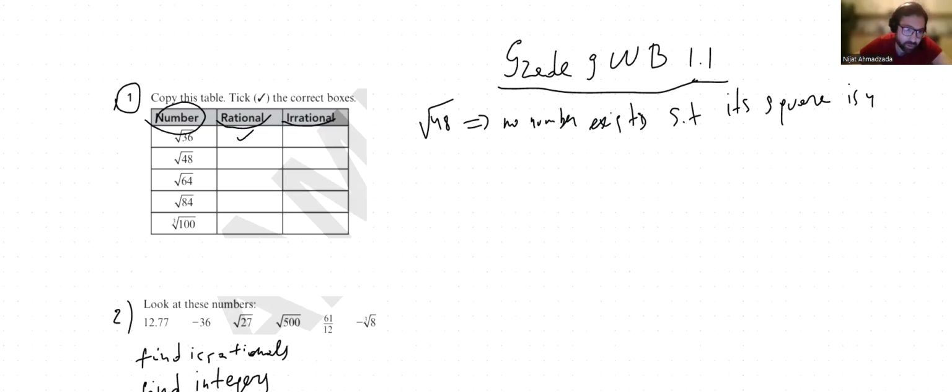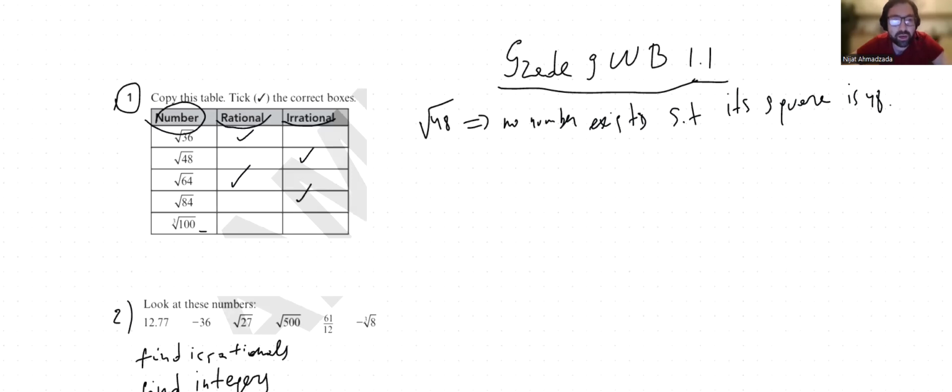Then square root of 48 should be irrational. Square root of 64 is equal to 8, so it is rational. Square root of 84, no number exists. You cannot find any number whose square is equal to 84, so square root of 84 is irrational.